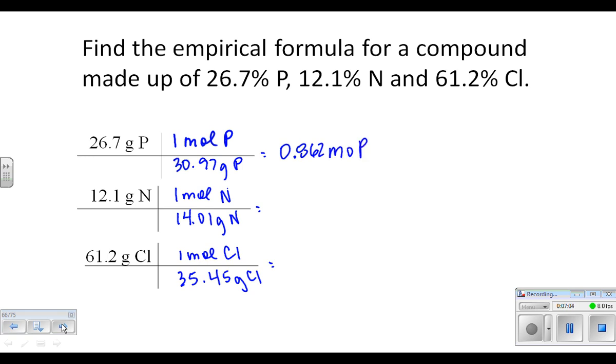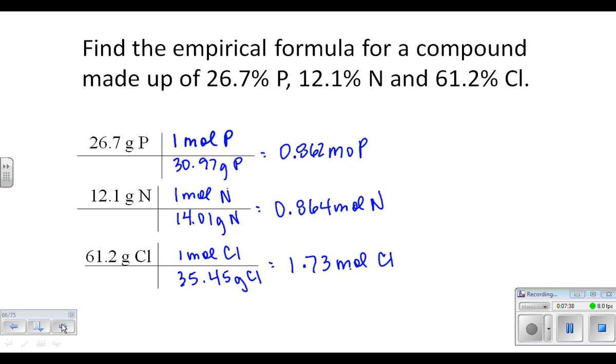And then 12.1 divided by 14.01 would give me 0.864 moles of nitrogen, and 61.2 divided by 35.45 would give me 1.73 moles of chlorine.